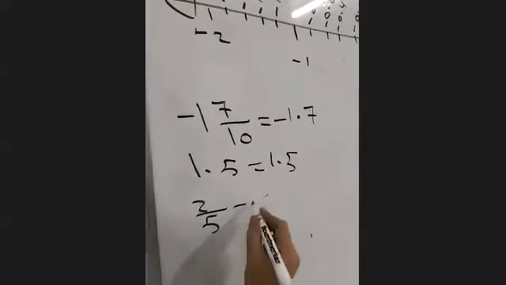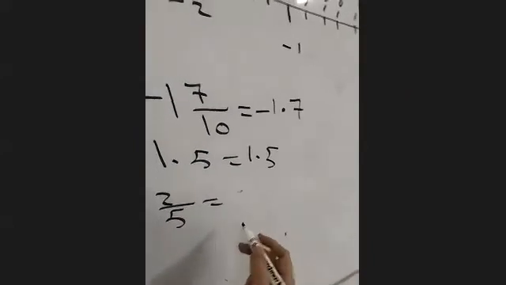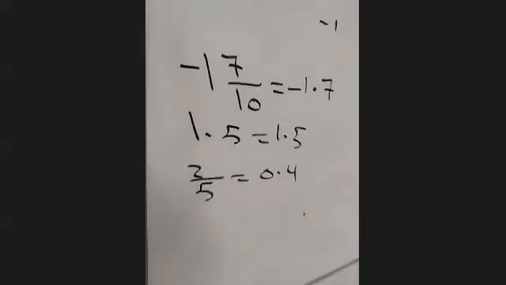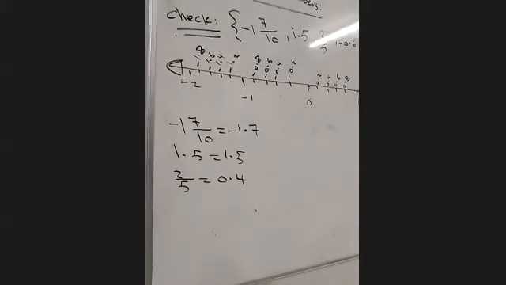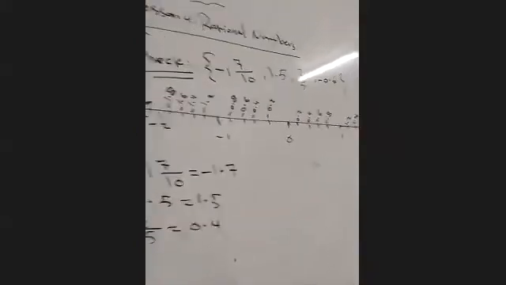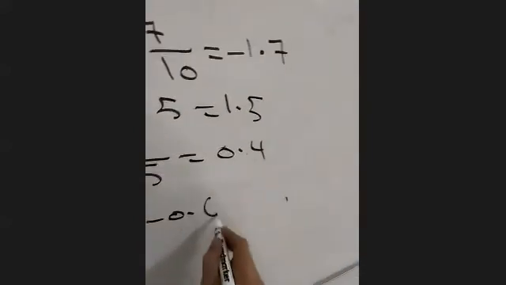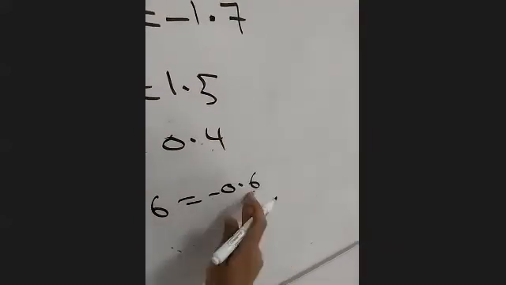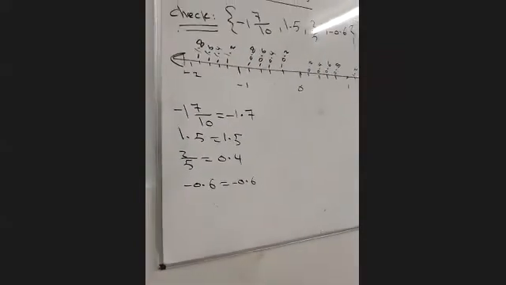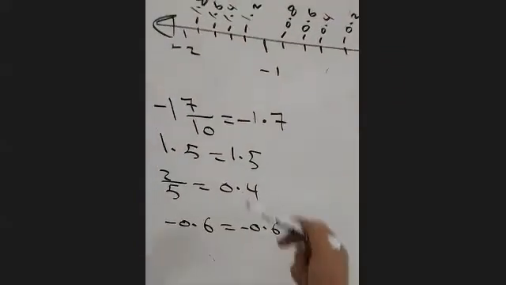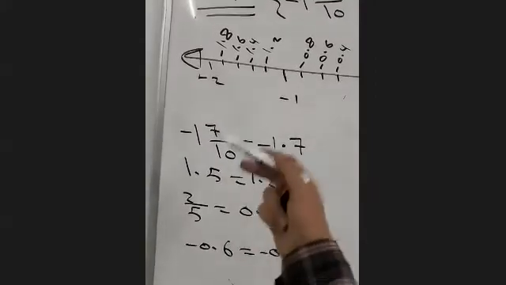Now 2/5, we will turn it to decimal by making division. It will be 0.4. Now the last one, -0.6. It is still -0.6. It's already decimal.